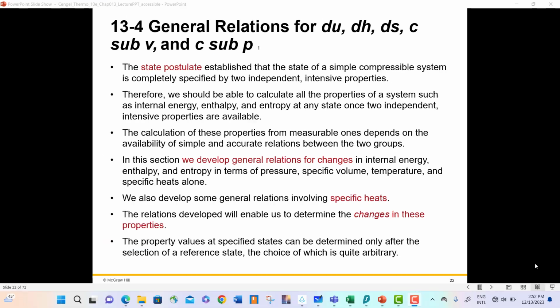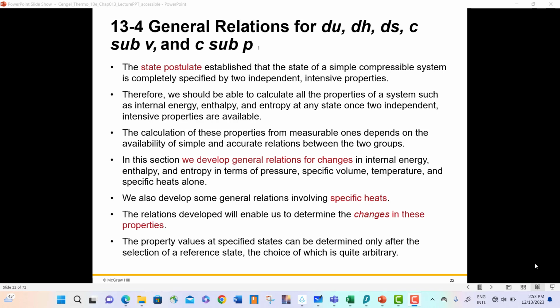Circling back, the state postulate established that the state of a simple compressible system is completely specified by two independent intensive properties. We should be able to calculate all the properties of a system, talking about internal energy, enthalpy, entropy, at a state once two independent intensive properties are available.